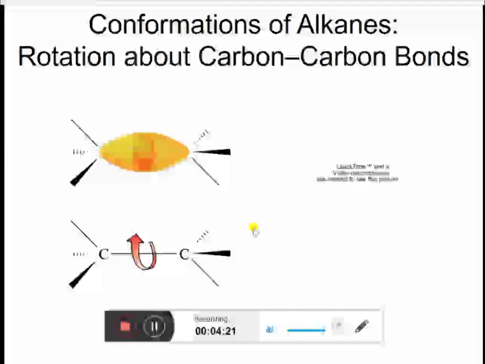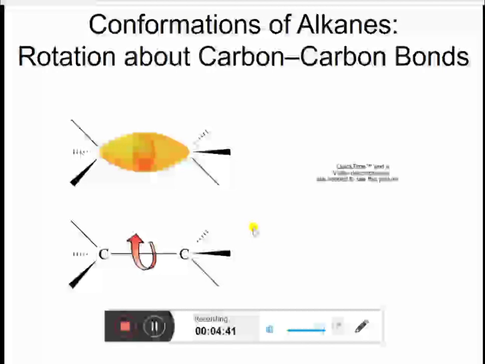Whenever you study stereochemistry, there are two subtypes: one was configuration, the other was conformation.